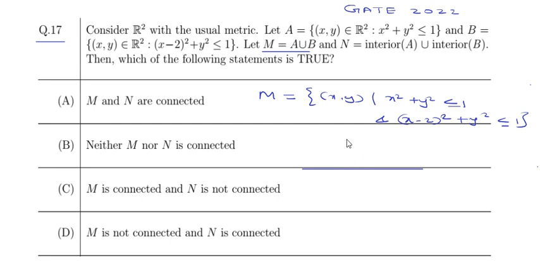The unit circle, suppose this is 1 and this is our unit circle, and let us draw the curve (x minus 2) square plus y square less than or equal to 1.